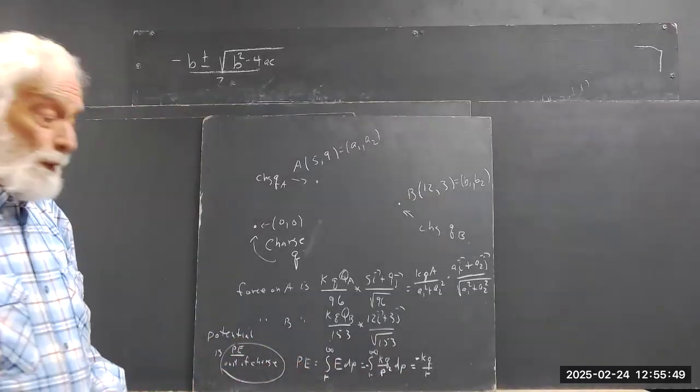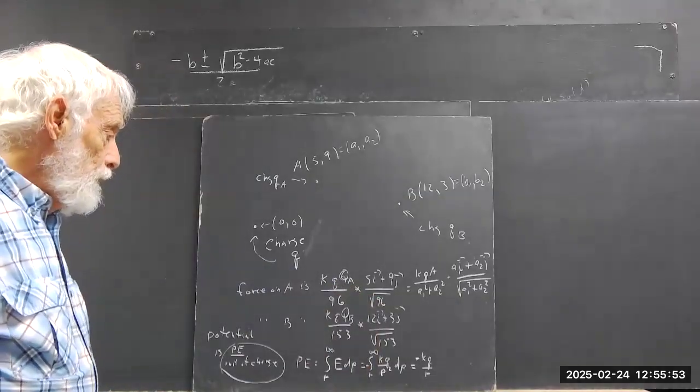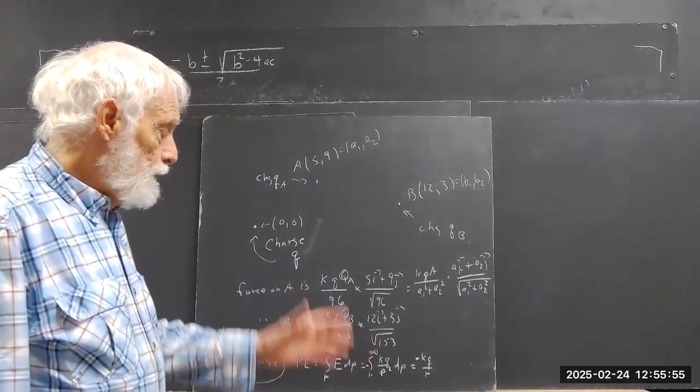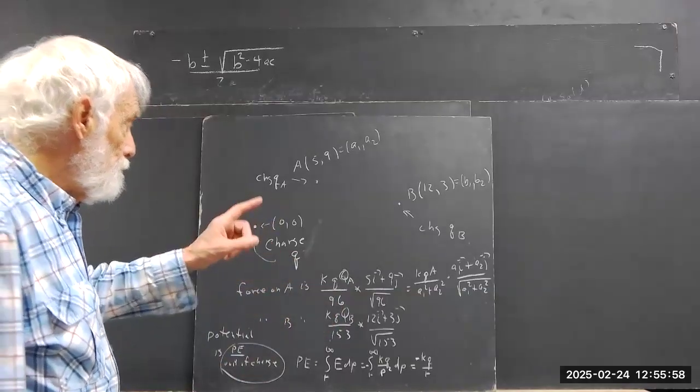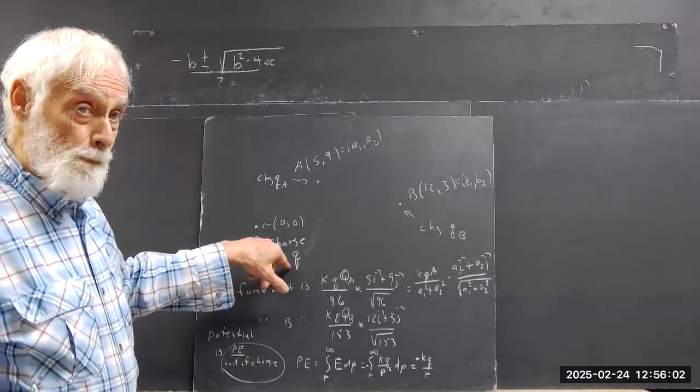Because it's really easy to mess up the negative signs here. This is equal and opposite to the work done. The work done from here to here is going to be positive because the force is pushing that way, assuming Q is a positive charge.